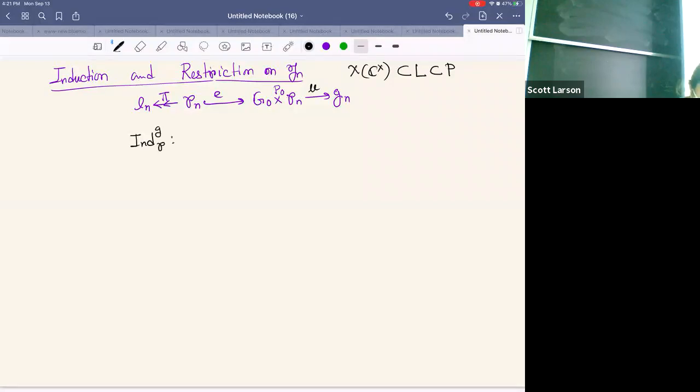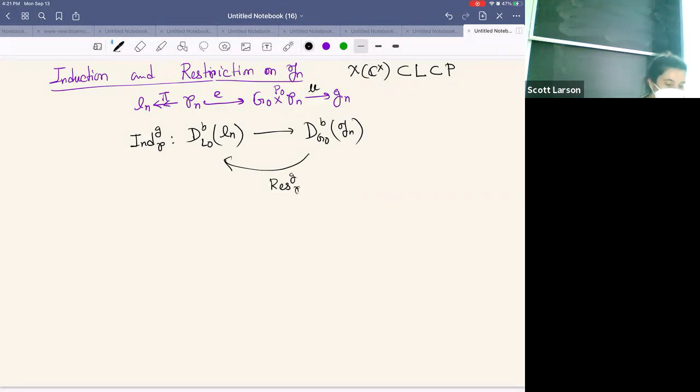This induction is from the L_0-equivariant category on the graded piece of the Levi to the G_0-equivariant category on g_n, and the restriction goes the other way. The definition is the same and the remark is also the same: restriction is again left adjoint to induction.